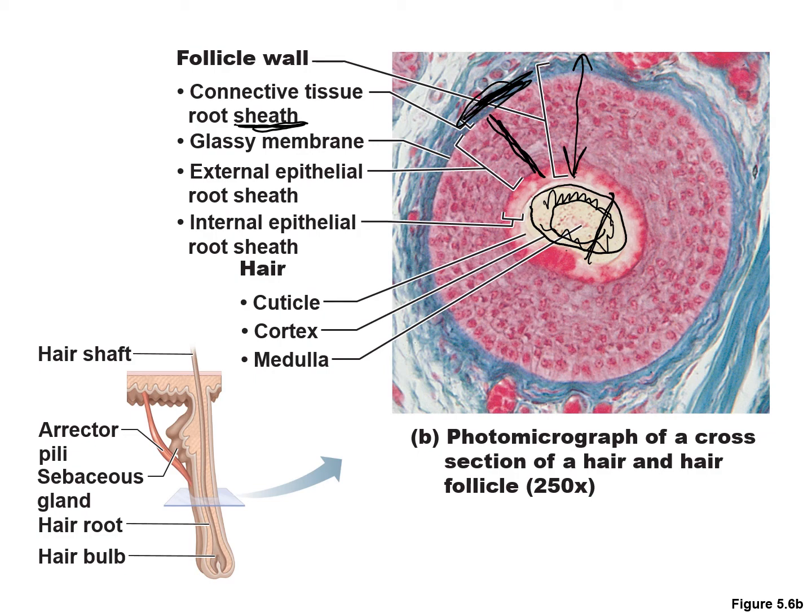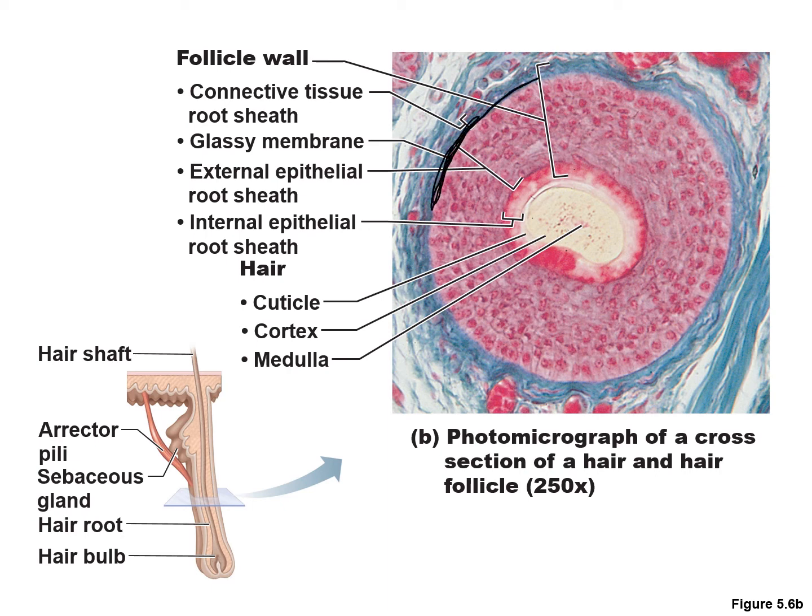The follicular wall is made from the epithelial root sheath and the connective tissue root sheath. And what we have in between them is a glassy membrane. So that's our glassy membrane right here, and this is actually our basement membrane.